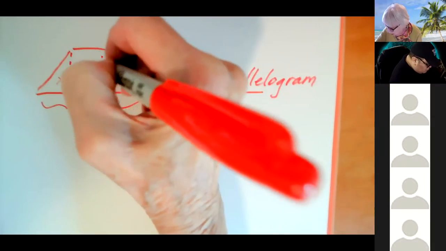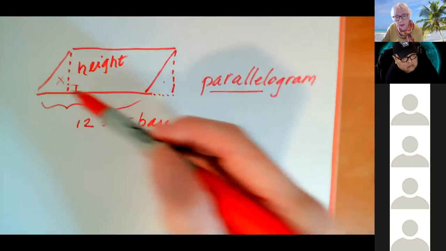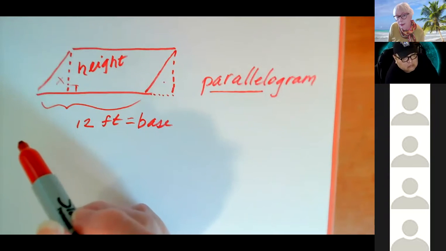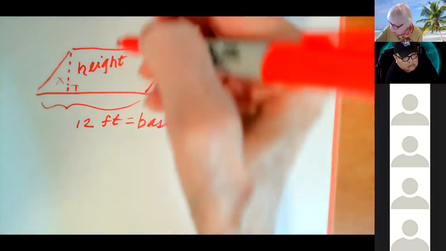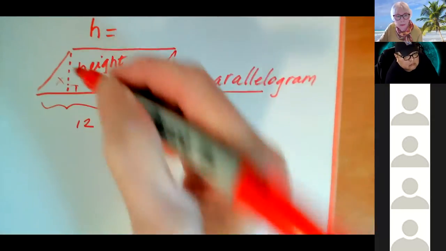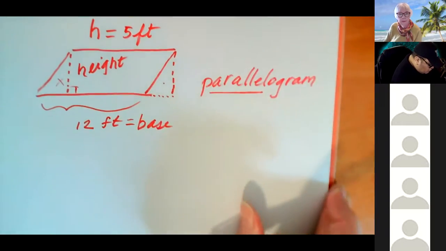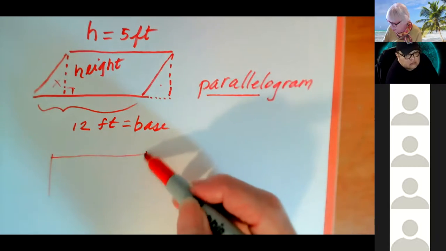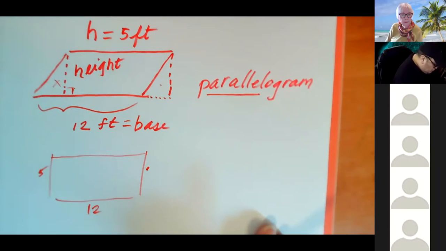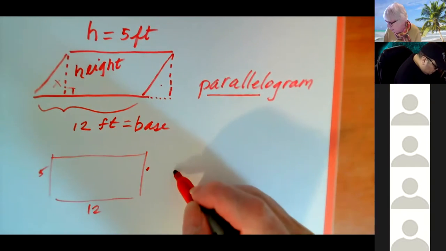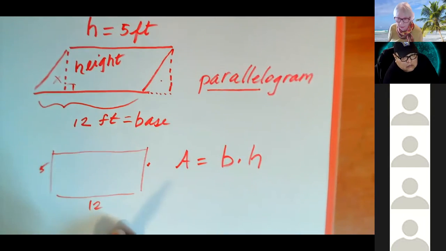They would probably call this the height. When they use the word height, the implication is that it's perpendicular to the base. But it's really trying to make this into what amounts to a rectangle. So let's say the height, which is this dotted line, is 5 feet. What I've basically done is made something that's 12 by 5. Area is the base times the height, which is really the length times the width.